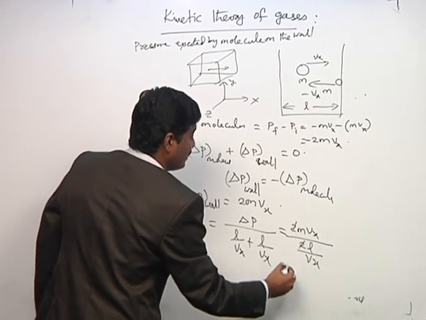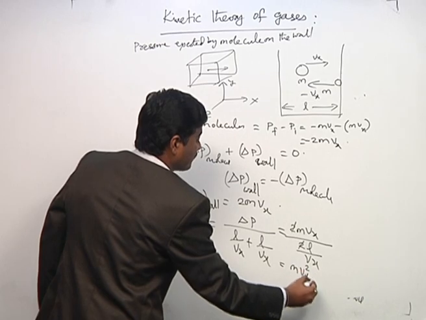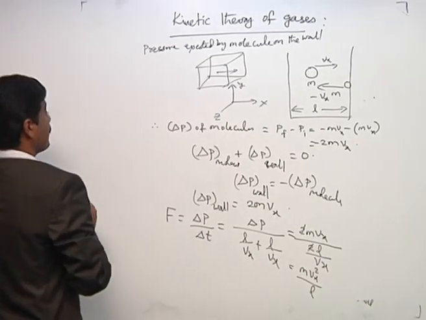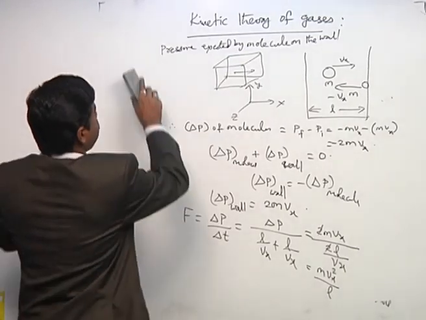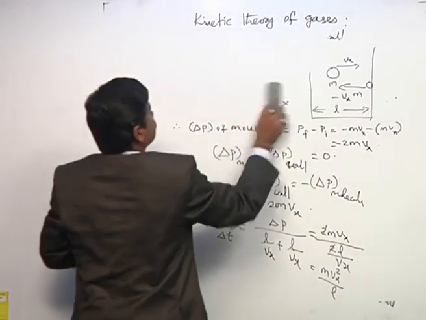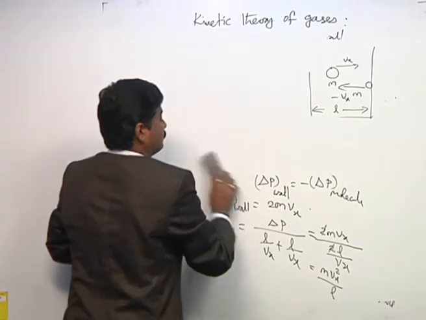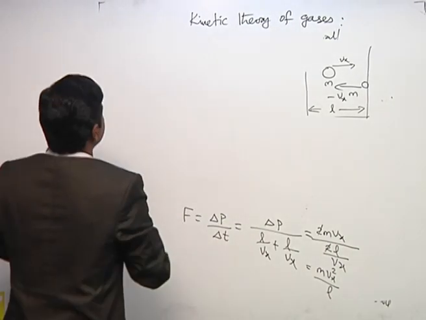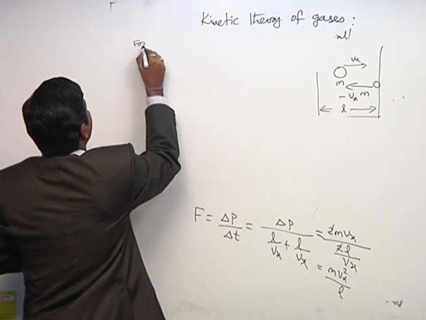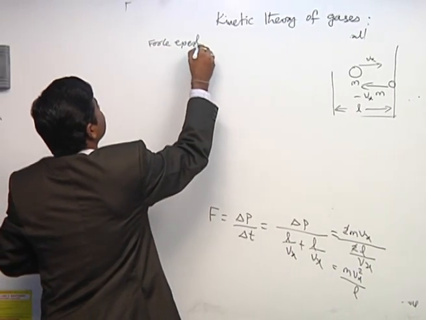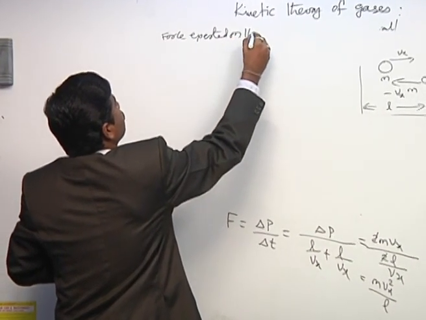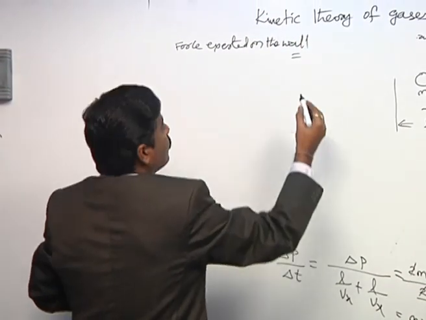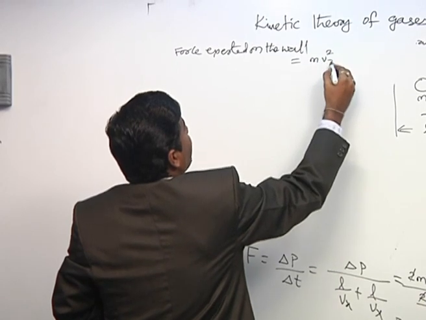The 2 cancels, giving mVx squared by L. This is the force exerted on the wall by the molecule: mVx squared by L.